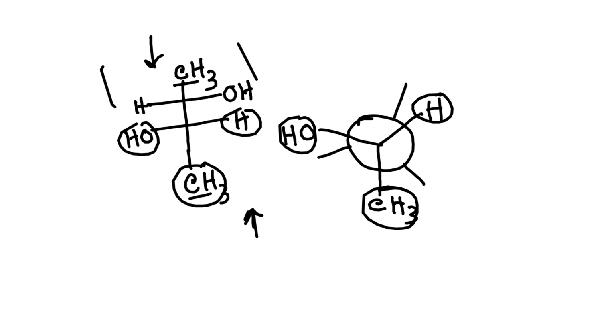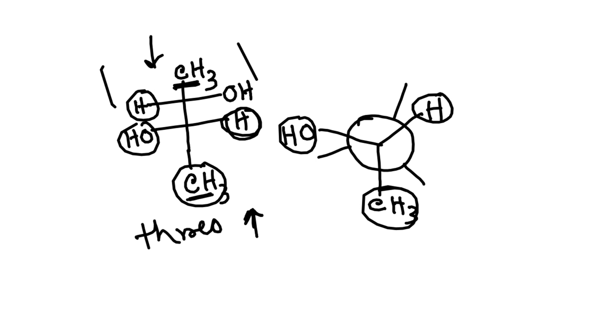Here you cannot say anti or Gauche because it is Fisher, but for Fisher projection formula to define threo or erythro, we have to see whether same groups are on the same side or the opposite side. In this case, you can see the methyls are on the same side. Both are away from us. But here the hydrogen and the other hydrogen are not on the same side. So that means it is threo.